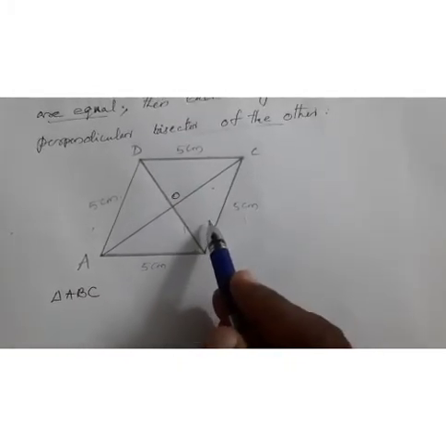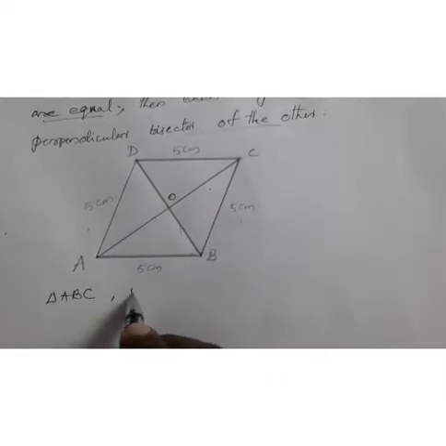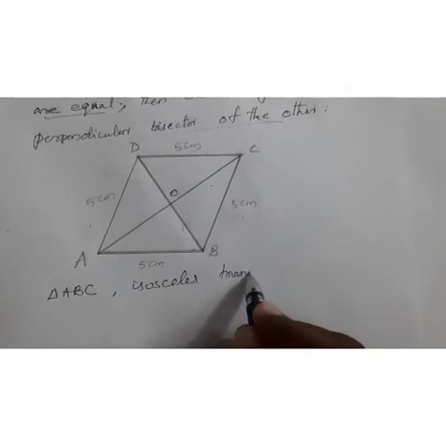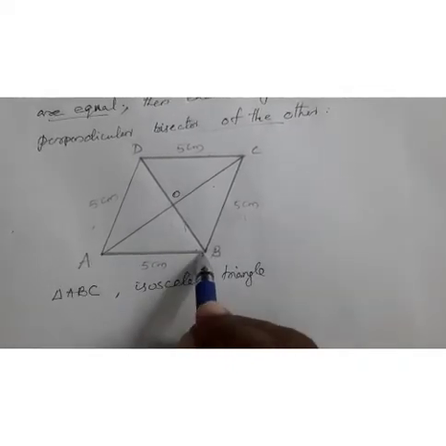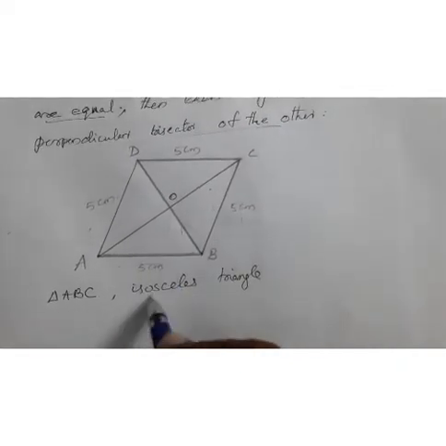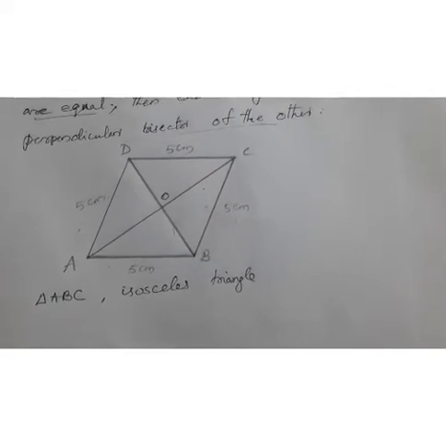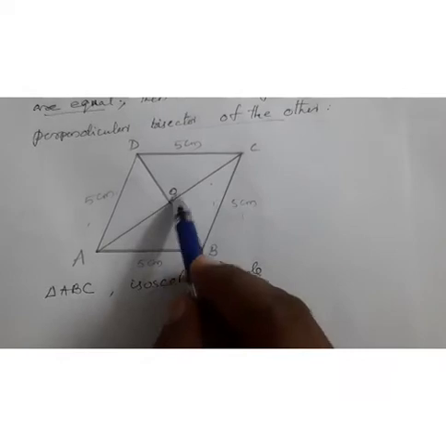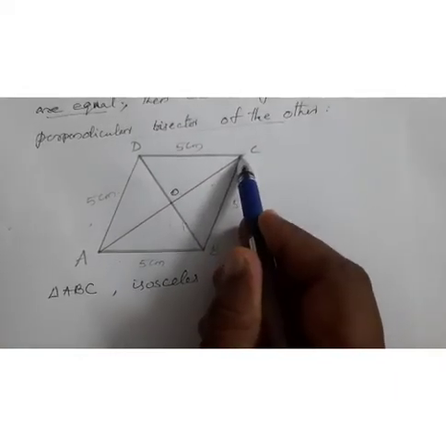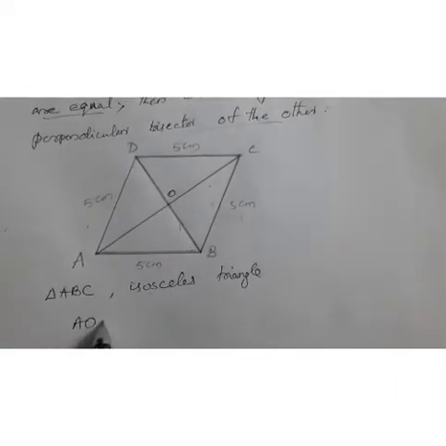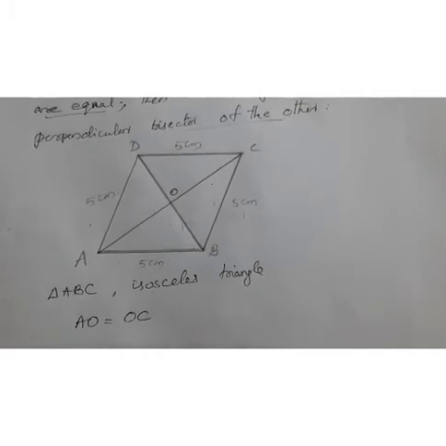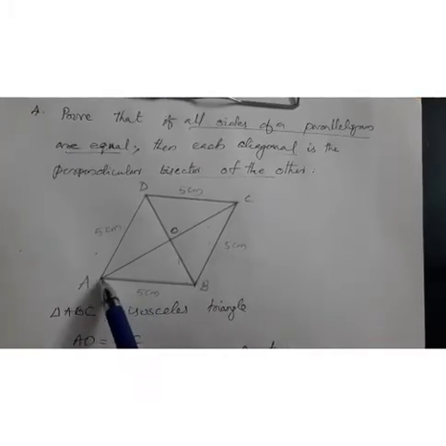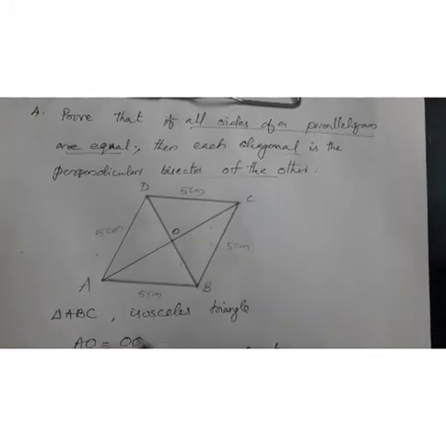This is the triangle. So these two sides are equal. So what is the speciality of the triangle? It is an isosceles triangle. Triangle ABC is an isosceles triangle. Here AO is same as OC.